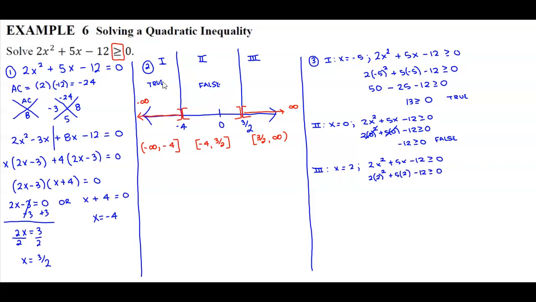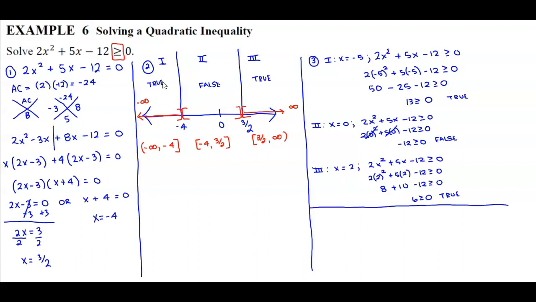So this is 2 times 4, which is 8. And therefore that's 8 plus 10 minus 12. Well, 8 plus 10 is 18, and 18 minus 12 is 6. And is 6 greater than or equal to 0? The answer is true.